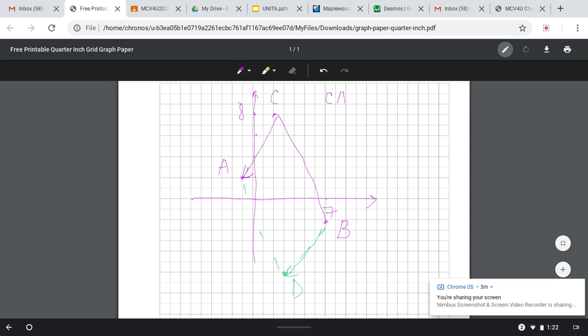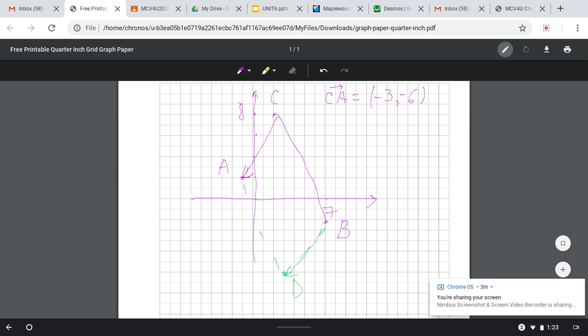So since the vector CA is not a position vector, to find its components, we need to subtract the coordinates of the tail from the coordinates of the head. The coordinates of the tail are 2 and 8, and coordinates of the head are -1, 2. So by subtracting them, I get -3 and -6.